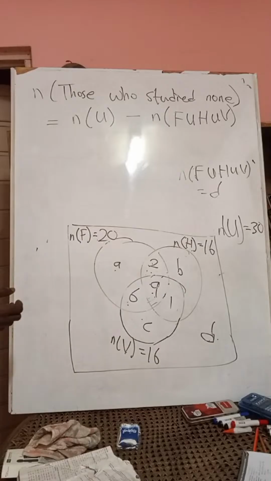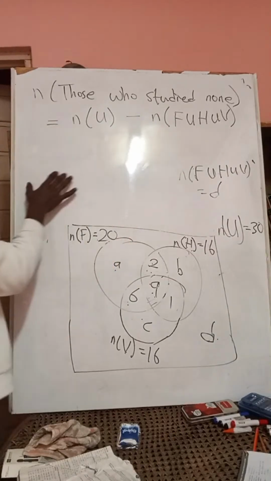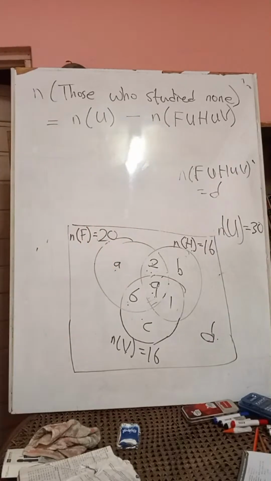That would be the answer. So we have U already. For us to solve it faster, you can take this one aside and look for that one. After that, you come and deduct it from it. Do you understand?